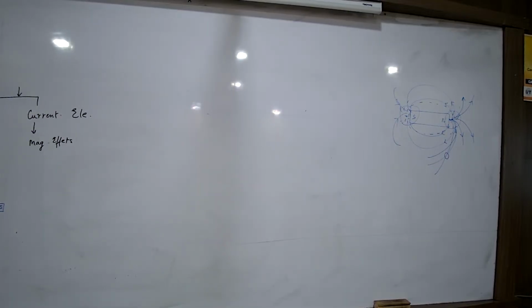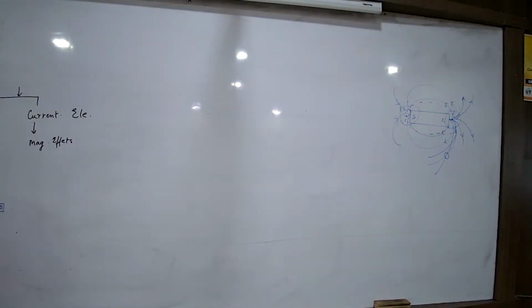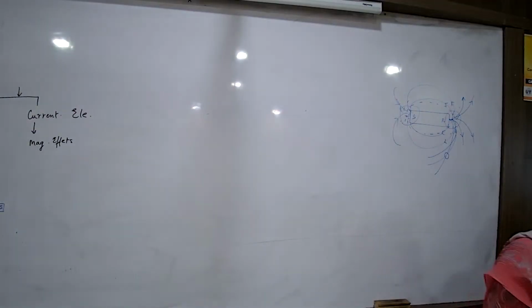So magnetic field is a quantity with direction and magnitude. Anish, you have your textbook, no? Then first line there. Can we read the textbook, please?